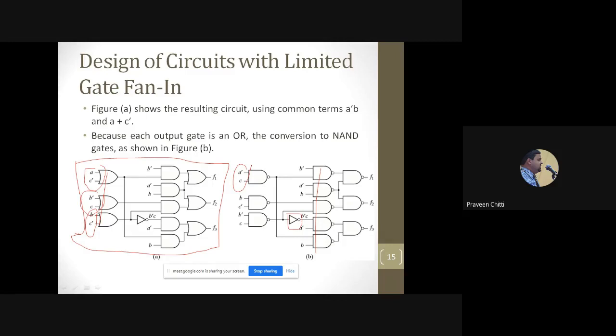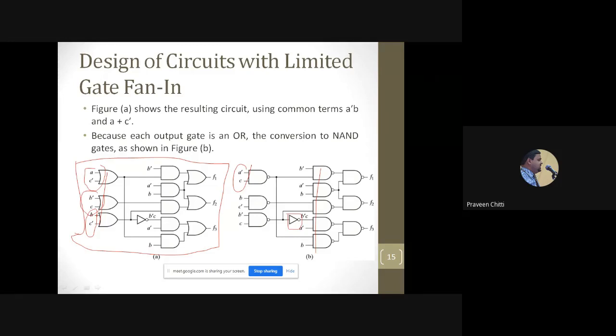I hope all of you understood this. You need to solve this example. Whatever the example is shown there, you have to simplify each and every expression independently using independent K-map. Then whatever expressions you have got, try to simplify or factorize them in such a way that you have similar or common terms, so that you need less hardware.